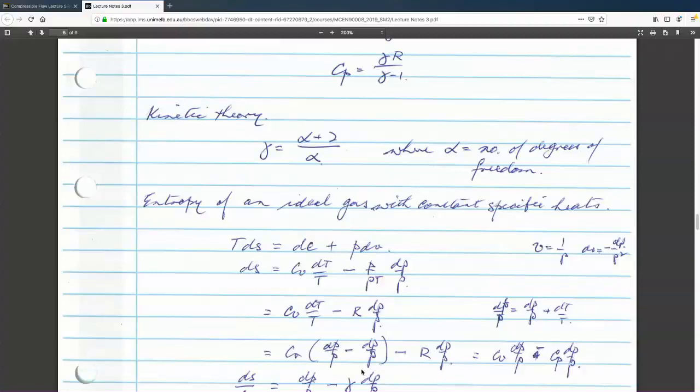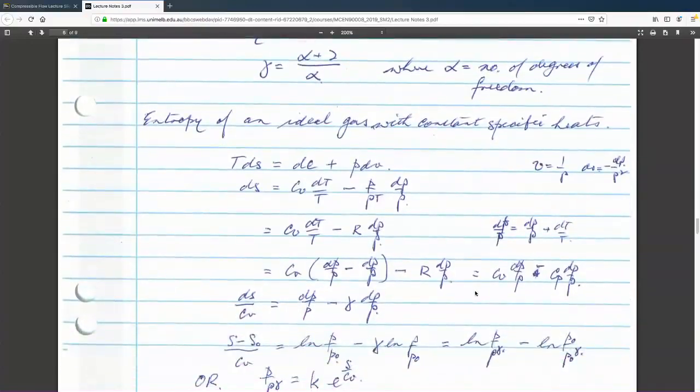So if I change that R to Cp minus Cv, then I'll cancel this d rho over rho, and I get Cv dP over P minus Cp d rho over rho from here. And that means now if I divide by Cp, sorry, if I divide by Cv, it would make more sense.